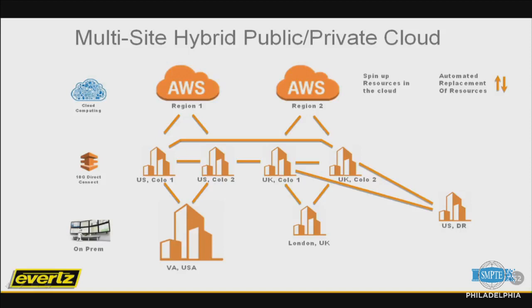So their feed from Europe and their feed from the US both arrive in Sterling, Virginia, and from there, well, I'll show you what they do there. The one thing I want to show you is they have a site called USDR.